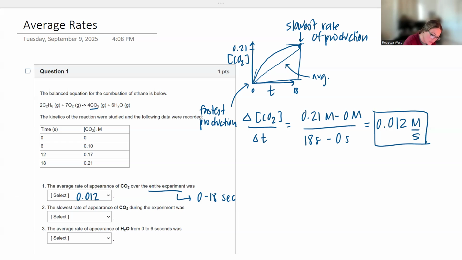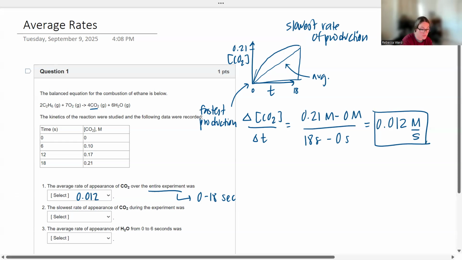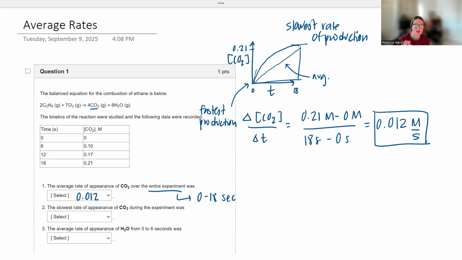That is definitely steeper than what we have here. Basically, I'm just thinking about how big this slope is. This is the smallest slope. It's much smaller than 0 to 18, because in that 0 to 18, we are including all of this increase here. And then 12 to 18 would be the next. The average rate from 12 to 18 seconds would be slower than the instantaneous rate at 0 and the average rate from 0 to 18, but it is not slower than this exact point right here.